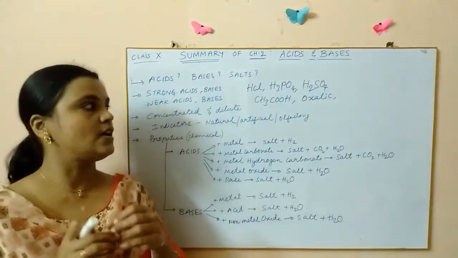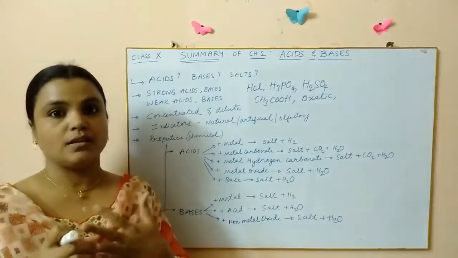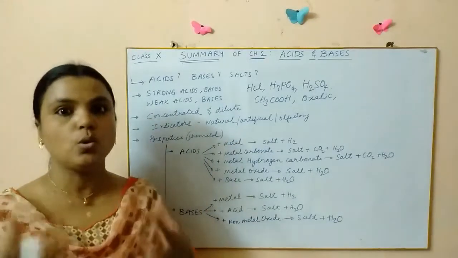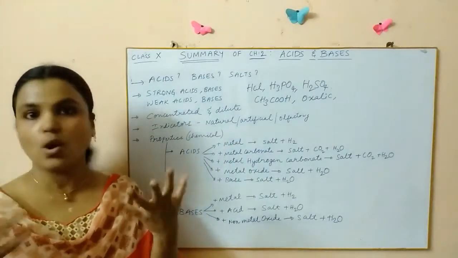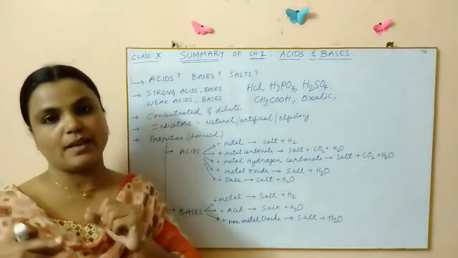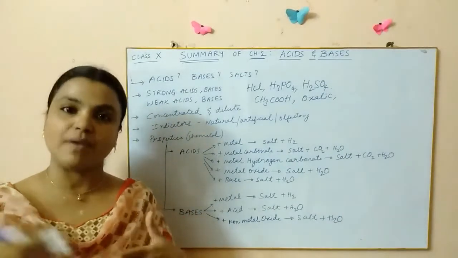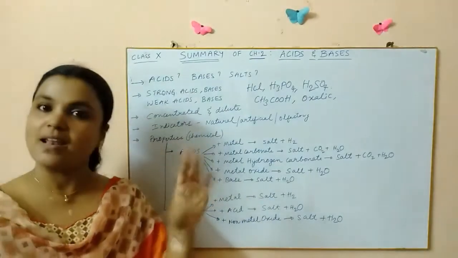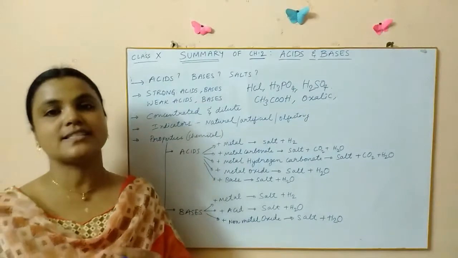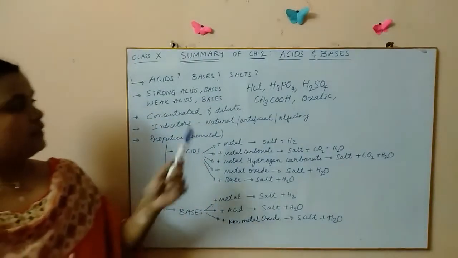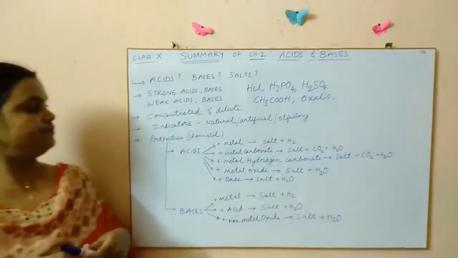You don't find onion or clove oil or the vanilla extract losing their characteristic smell in acids. But in case of bases, the smell is lost completely. Then we can understand that it is basic media. That is about the indicators, children.